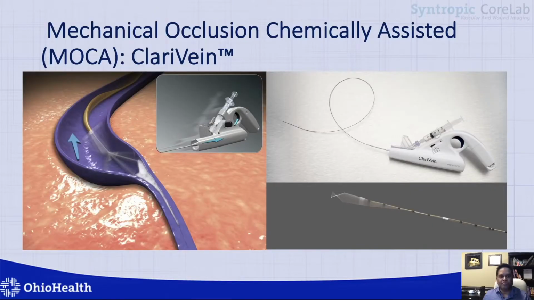The next non-thermal, non-tumescent technique is ClariVein. This is essentially a little hockey stick type of wire that rotates at specific speed, and then a sclerosant in its liquid form is injected as the catheter is advanced back, and this helps denude the endothelium and cause sclerosis of the vein.